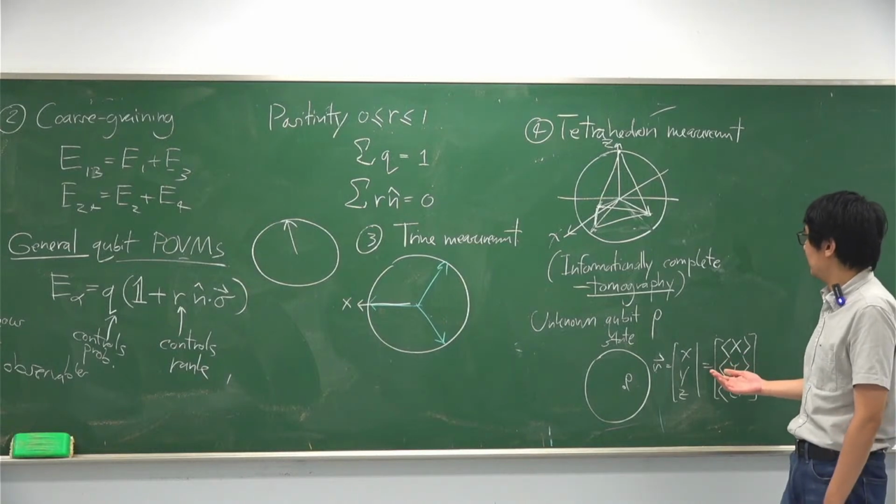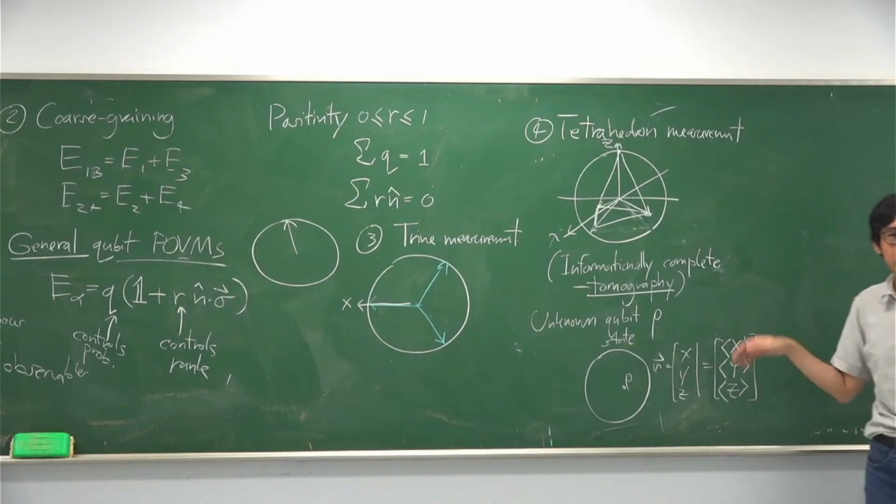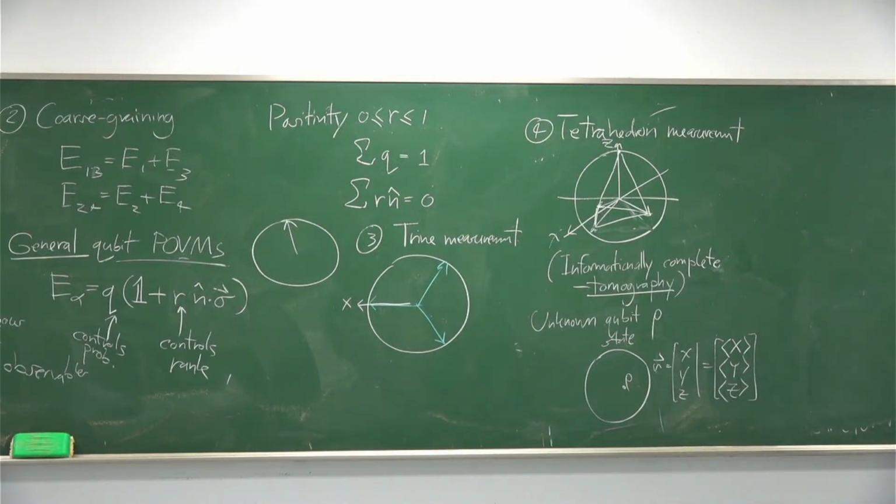How you recover the state from the statistics will also be a little bit different using these two measurements. It's a good problem to think about: how to relate the geometry of the data that you get to the geometry of the Bloch sphere.